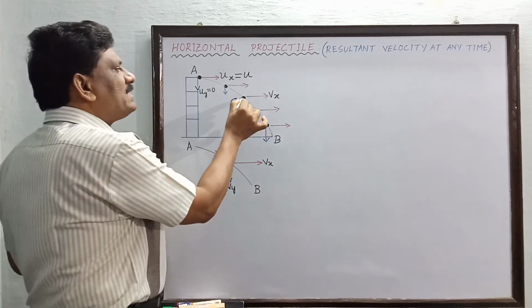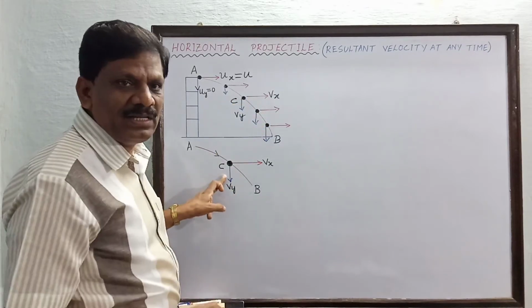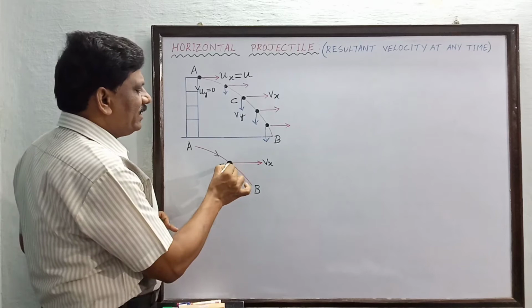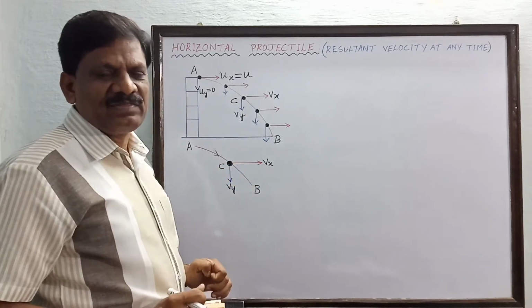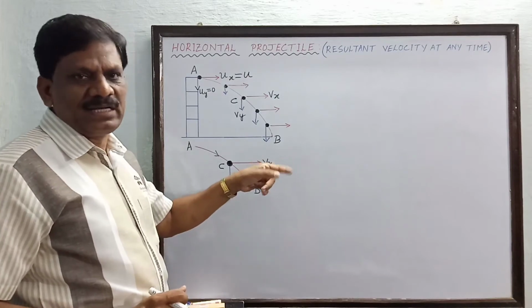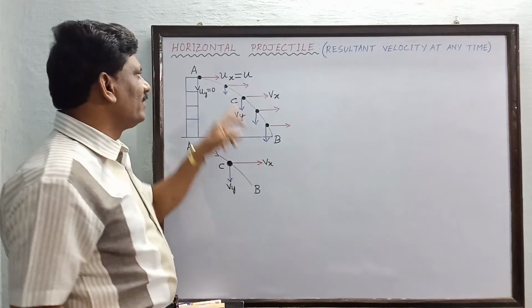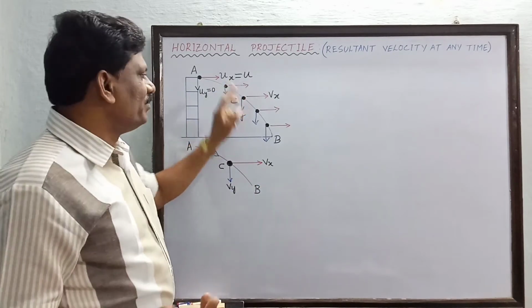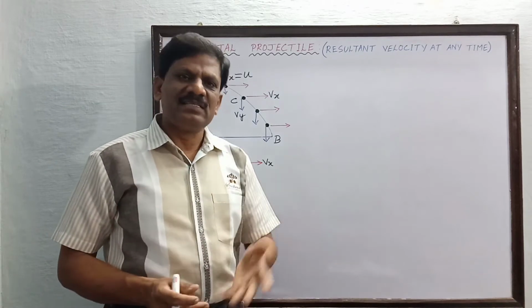I will investigate this point C. At point C, let Vx be the final velocity of the body along the horizontal direction. Of course, this final velocity Vx must be equal to the initial velocity Ux only, because it is not going to change.